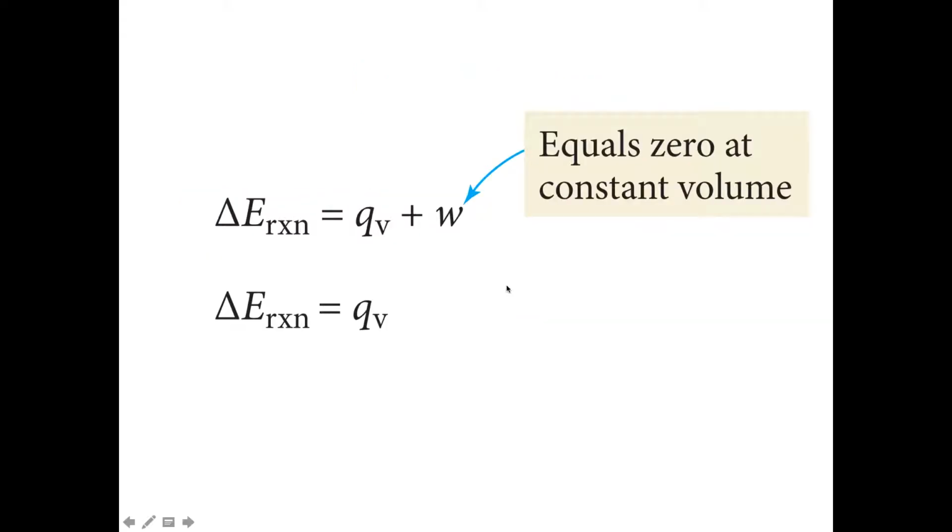Remember that? Okay, so if we're doing constant volume calorimetry, then I think it's going to help you if you look at these terms. The change in internal energy of a reaction is going to equal, what does that symbol mean? Remember, it's the heat, and this means constant volume.